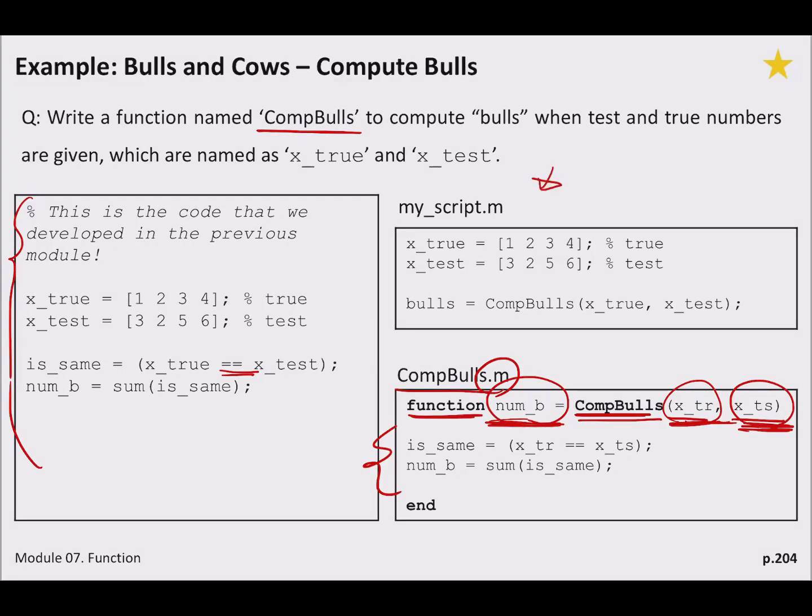In your script, in a separate file, you call this function by inputting the true number and the test number, and finally you get the number of bools. Do you understand this process? Again, compute bool.m and myscript.m are stored in different files.